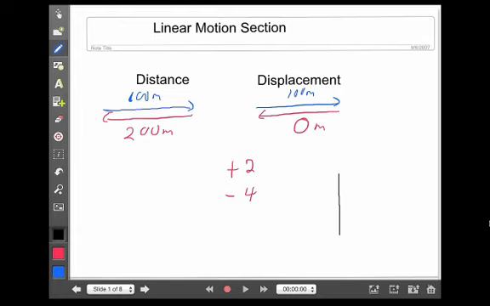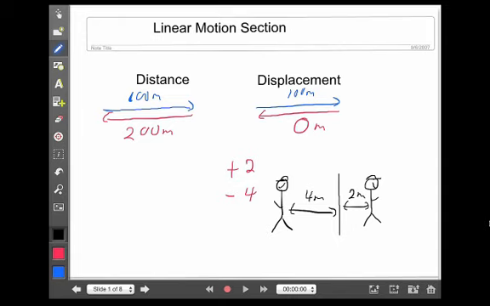if this is sort of your starting line and one person is standing 2 meters from here, and the other person is standing 4 meters from here, well, the person 4 meters away is always going to be a greater displacement than the person that is 2 meters away.